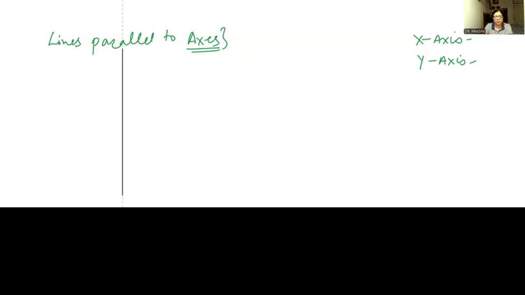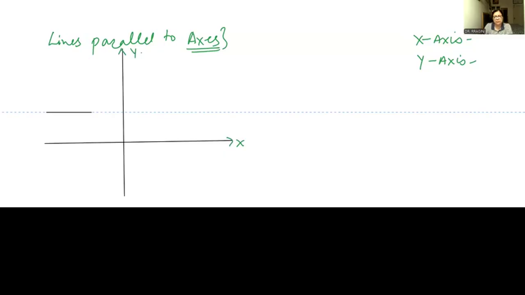Let's consider the first case. Let's say these are the axes. This is x-axis and this is y-axis. Let us consider we have a line which is parallel to x-axis at some point, right?